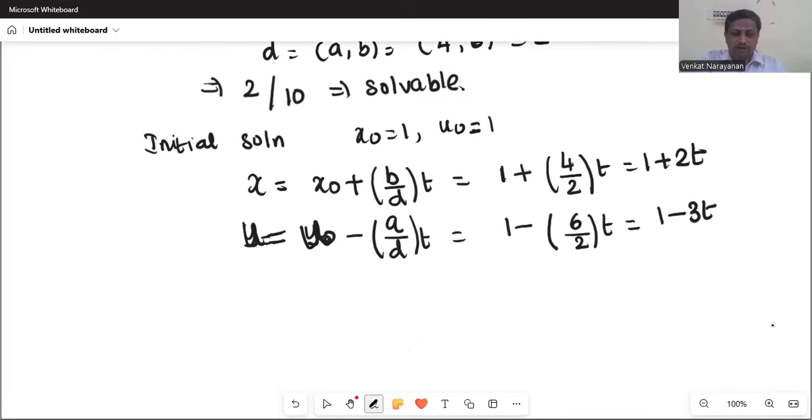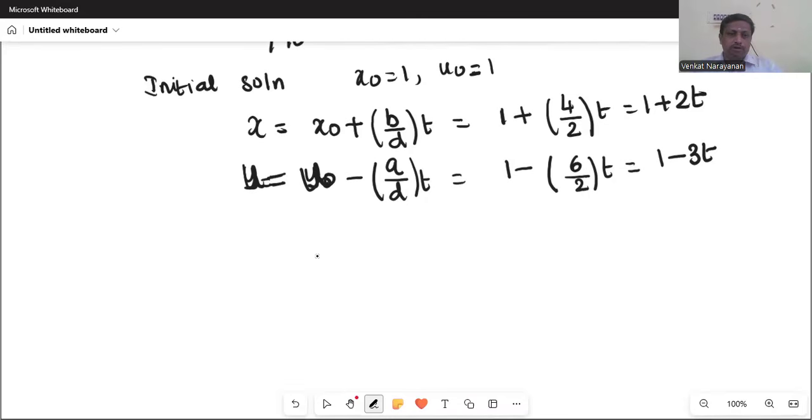Therefore, we get one solution: x is 1 plus 2t, and u is 1 minus 3t. But we need the solution for y and z, which is missing here.